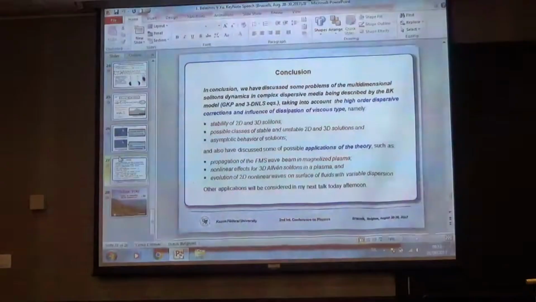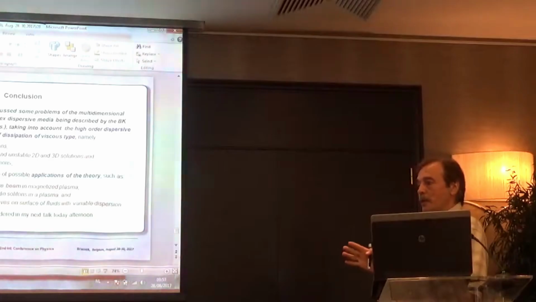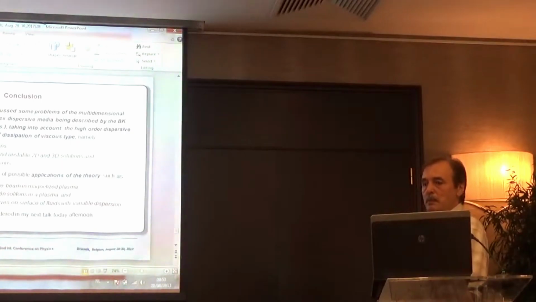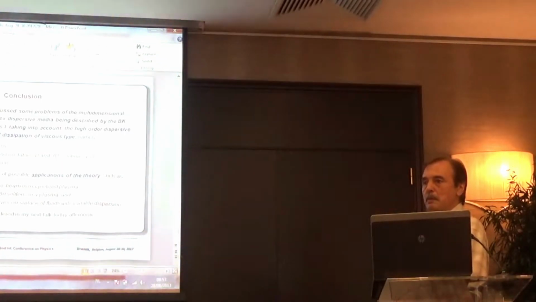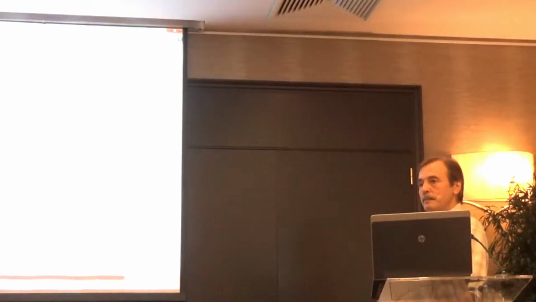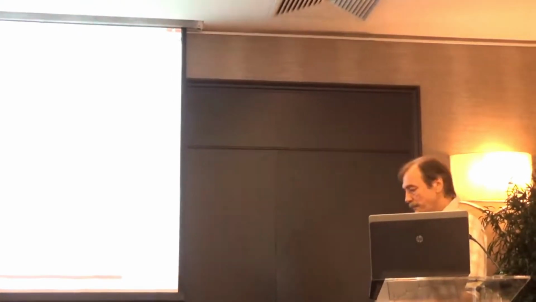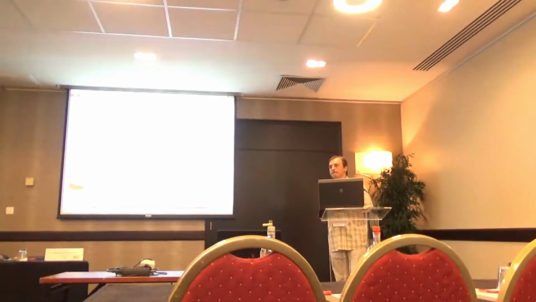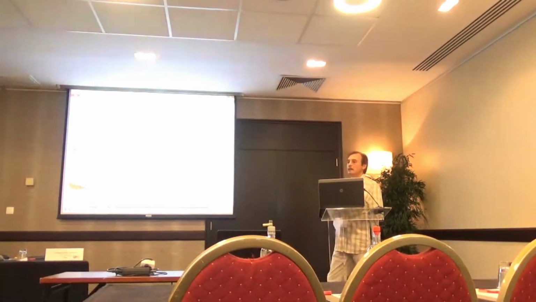How do you get variable dispersion? With bottom, or how? What do you mean here? Yes, the dispersion coefficients beta and gamma are functions of depth. Yeah, I understand the mathematics, but you're talking here about applications. So what is the physical example of the situation when you have for this type of waves variable dispersion?